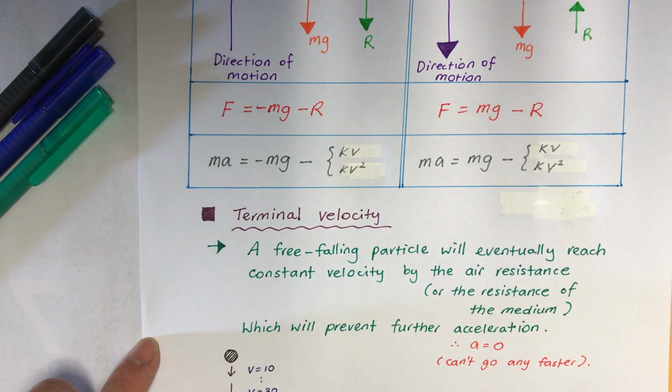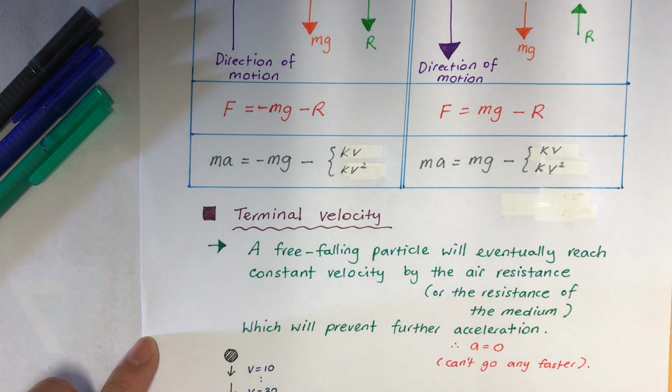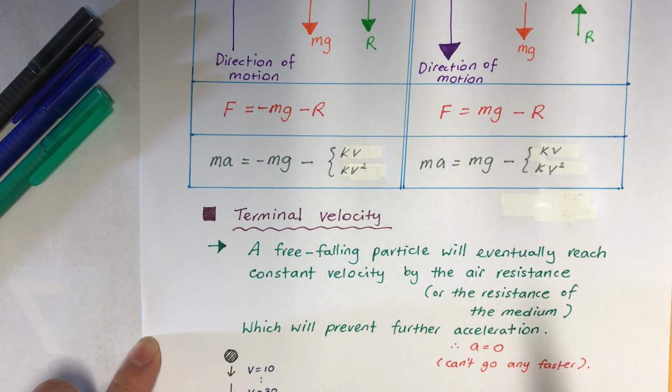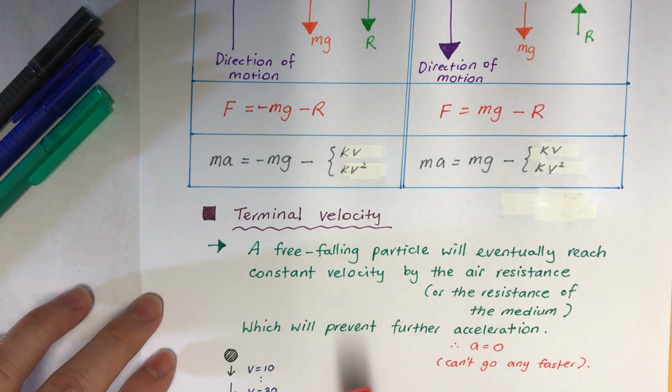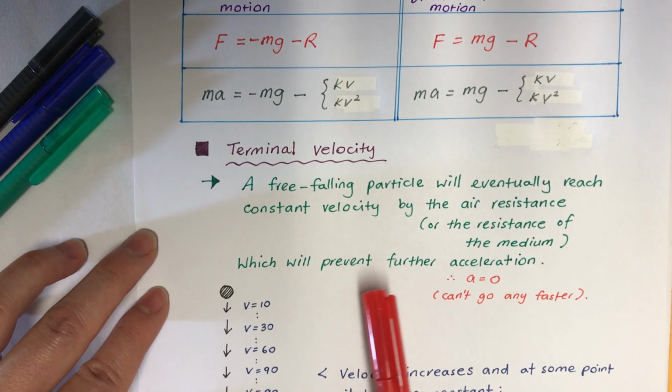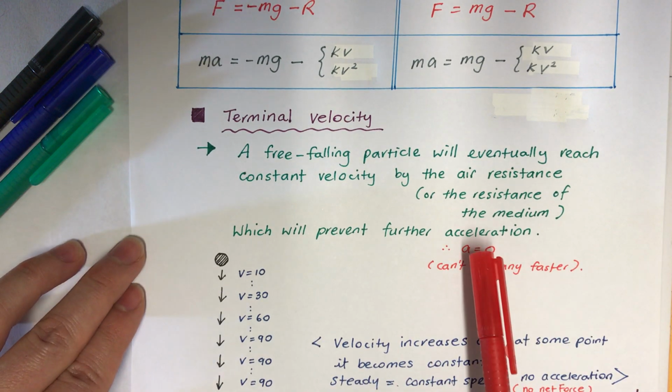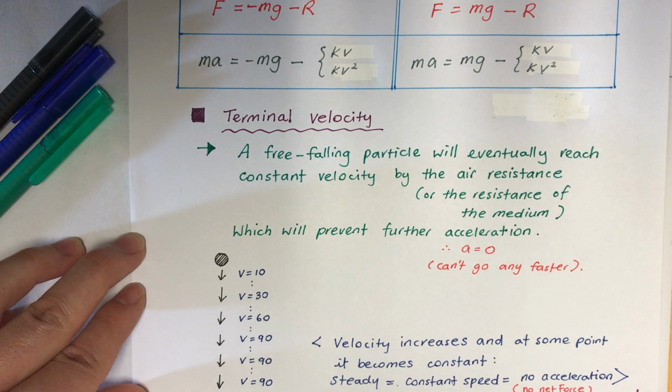Now terminal velocity: a free falling particle will eventually reach constant velocity because of the air resistance, or the resistance of the medium. That will prevent further acceleration, so a equals 0, because it can't go any faster.